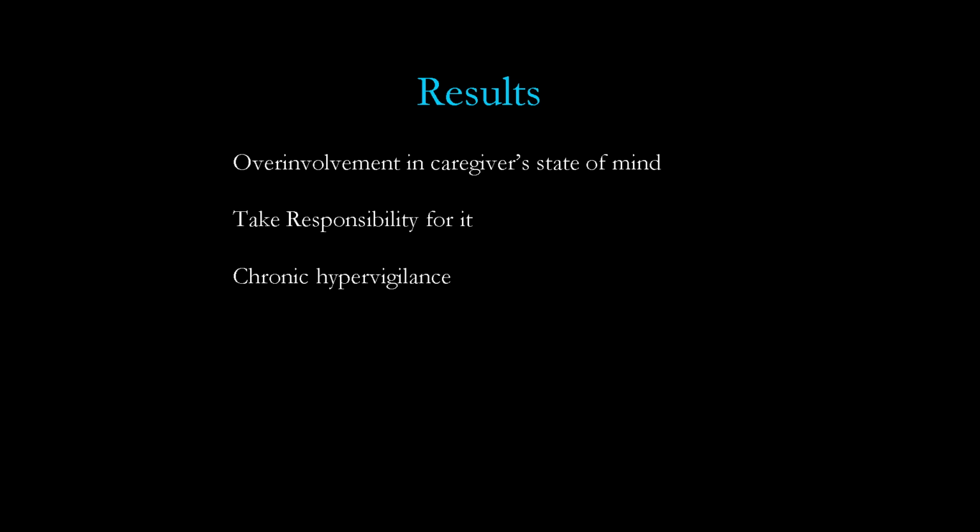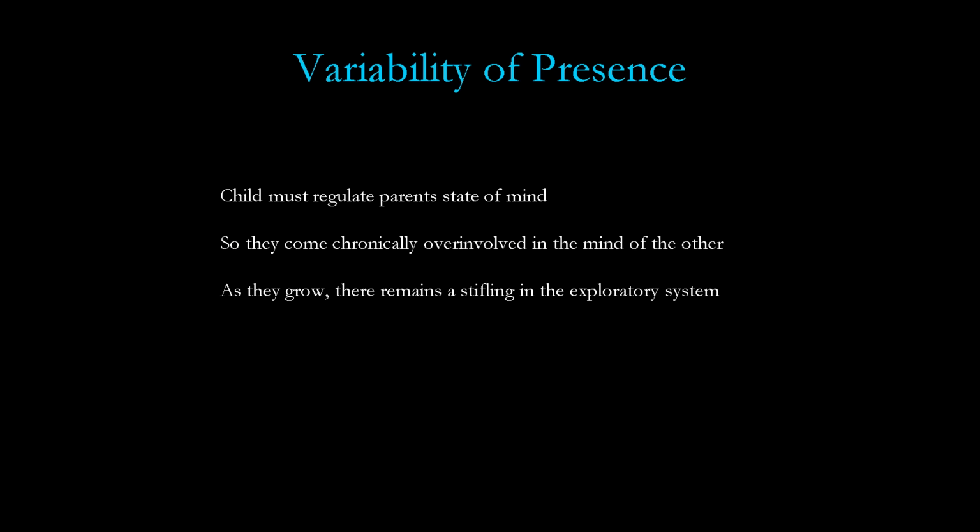Perhaps the caregiver struggles with an addiction, or the mother and father are in a stressed relationship with regular conflict, the child relying and needing the parent to meet its needs. We have the parent relying and needing the child to meet their needs. The child is expected to regulate the parent's state of mind and thus becomes chronically hypervigilant to the state of mind of others. And you can see how that's possible.